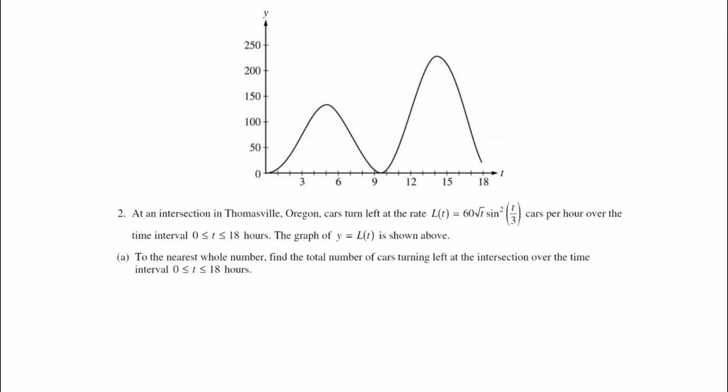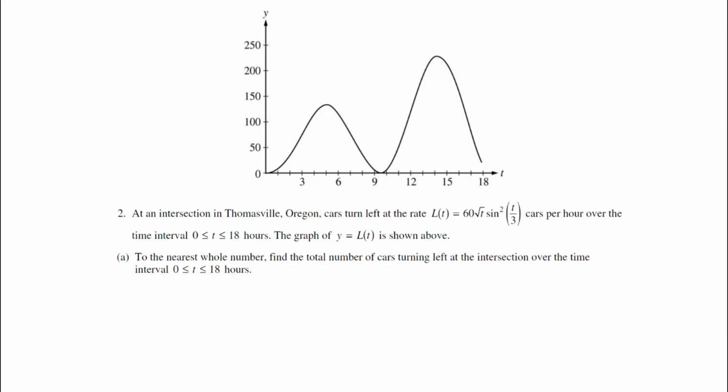All right, this is question number 2 from the 2006 AP Calculus AB exam. This is a rate FRQ, and we're given a graph of a function L of t that represents the rate at which cars turn left at an intersection in a city in Oregon.